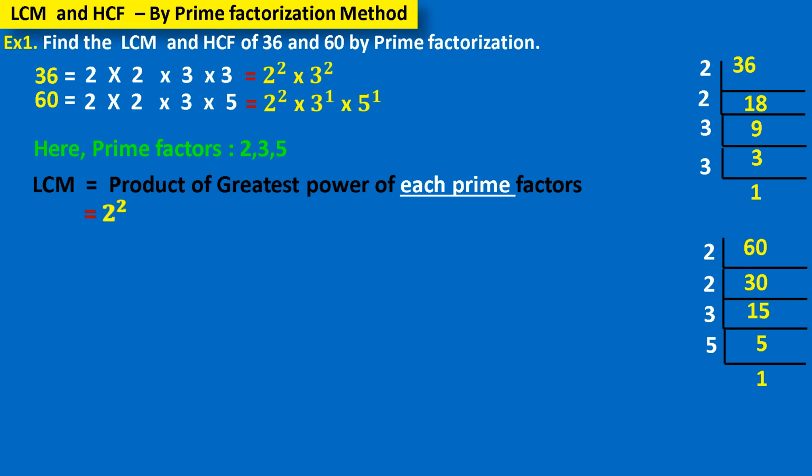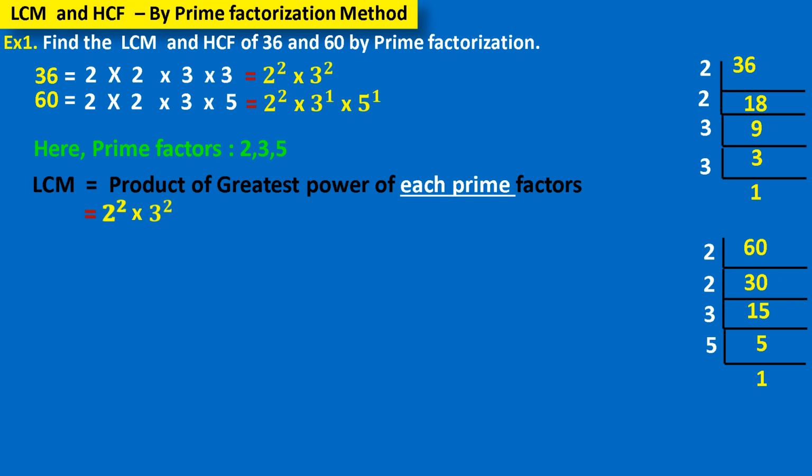Now go to 3 as a factor. Now observe, 3 in 36 is 3 square, in 60 it is 3 to the power of 1. Now which is the greatest power? 3 square. Now next go to 5 as a factor.